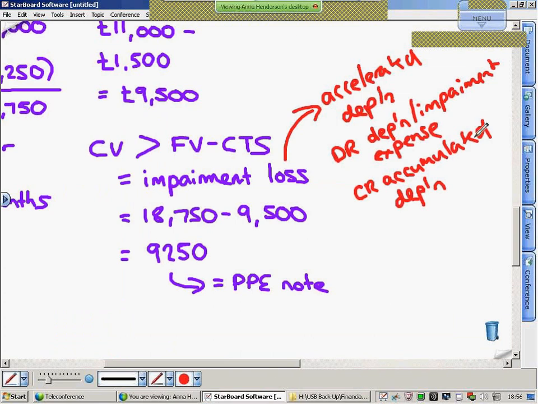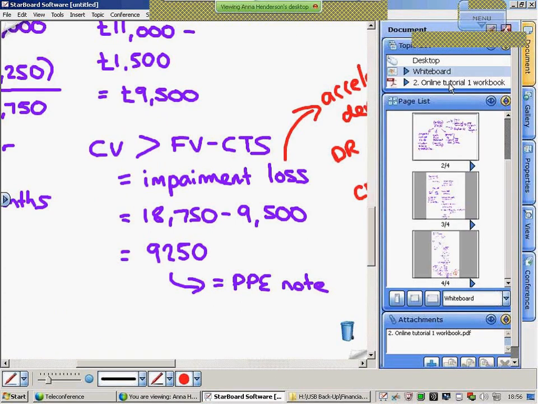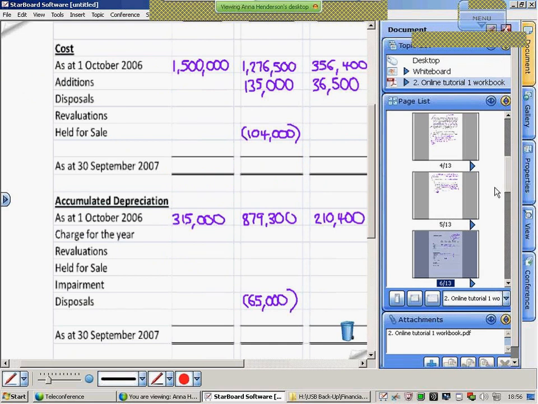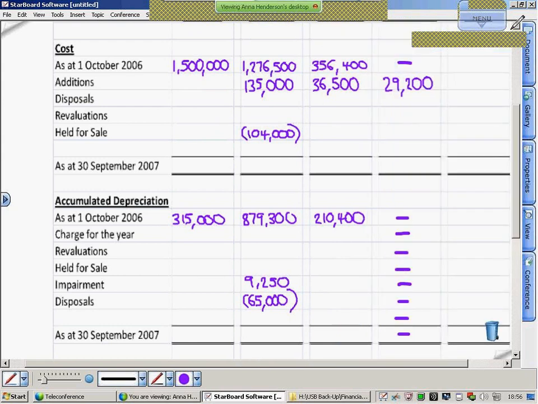Right, we're back in. So hopefully you've already gone ahead and popped that in, the impairment of 9,250. We need to deduct the cost.